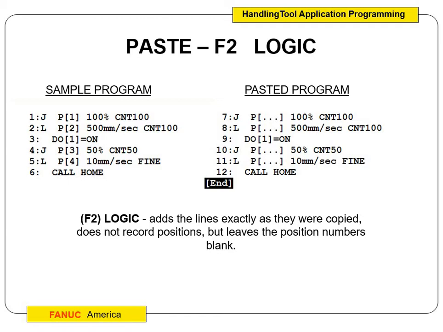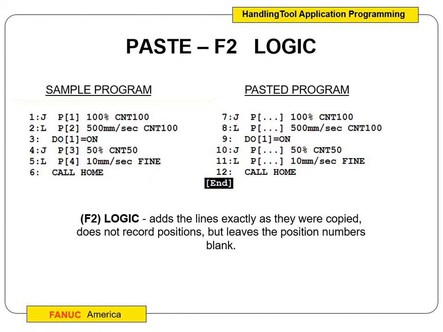What did it keep? Okay, notice it kept everything that we did, the movements, the speeds, all those different things. But what did it not keep? It didn't keep the position numbers. It only kept the logic, what was going on at those positions. So whether it was a joint movement or a linear movement, it kept it. Okay, and then it kept the exact same speeds, but it did not record the position IDs.